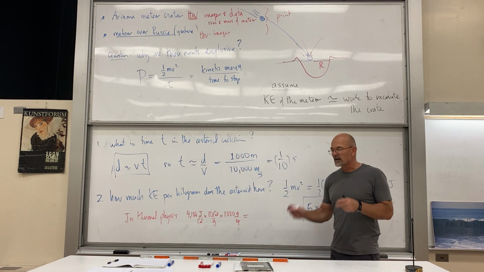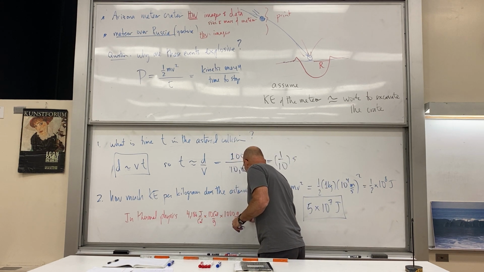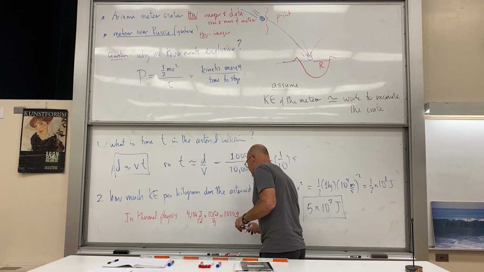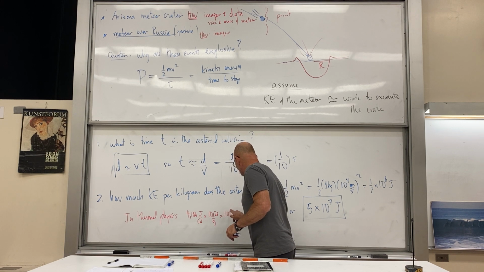I don't memorize these numbers, the results, so I can build it up out of this. This is going to be approximately 4 times 10 to the 7.